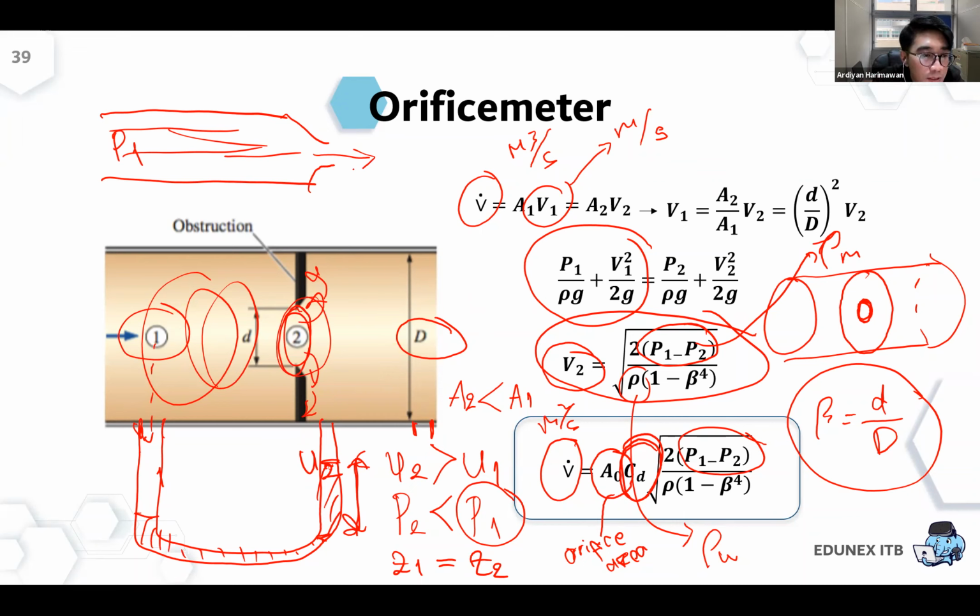However, what happened? Even though at point 2 the velocity is increased, the pressure is decreased compared to point 1, because U2 goes up, U2 increases, P2 decreases compared to 1. However, at the outlet you will have atmospheric pressure, right?